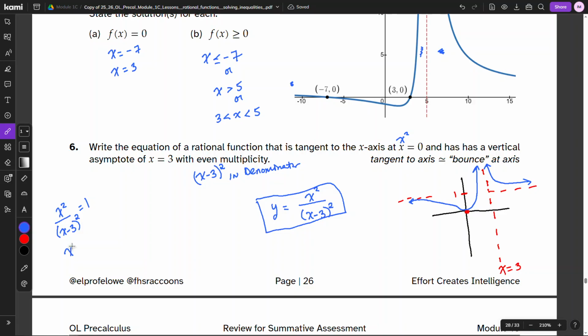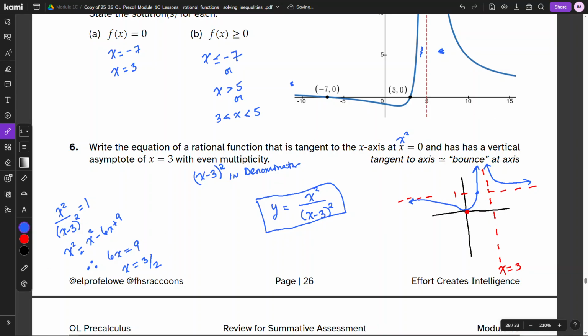And that would be when x squared is equal to x squared minus 6x plus 9, which would be true if 6x were equal to 9, which then means that it's going to be when x is equal to 3/2, which is the only place, and that seems about right.